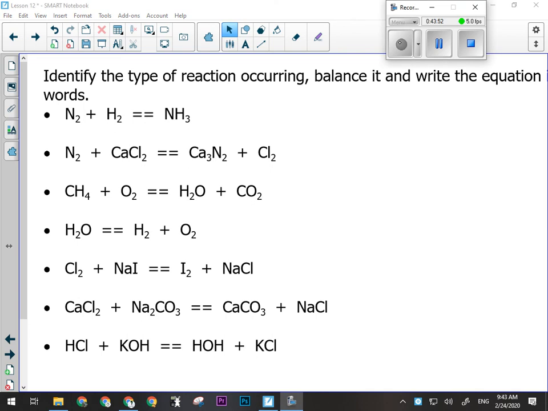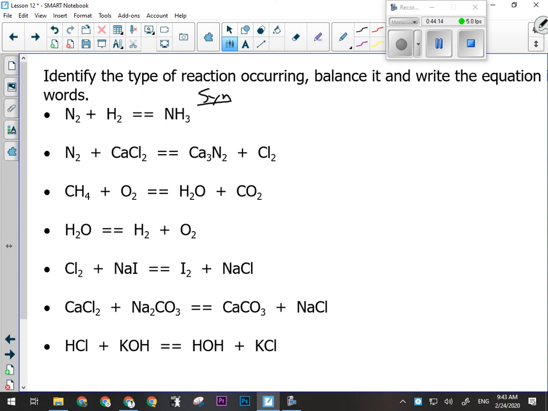So first off, what kind of reaction are we looking at here? We've got 2 elements and they're reacting to form a single compound, so this is a synthesis reaction. That's the first thing we want to write. If I'm writing it out in words, all I'm doing is naming everything.